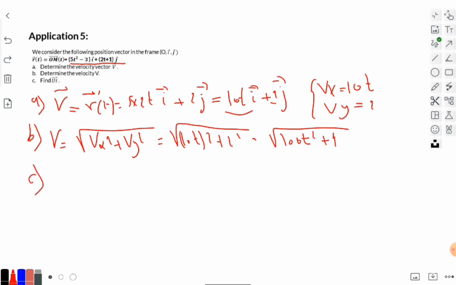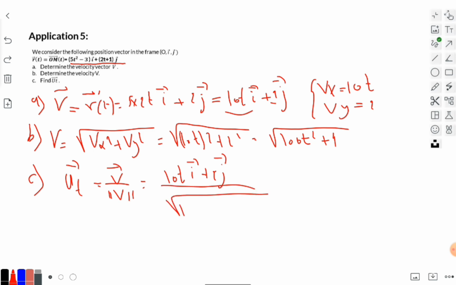Part C, find ut. Ut vector is equal to v vector over the magnitude of v. It's equal to (10t i plus 2j) over radical 100t square plus 4.